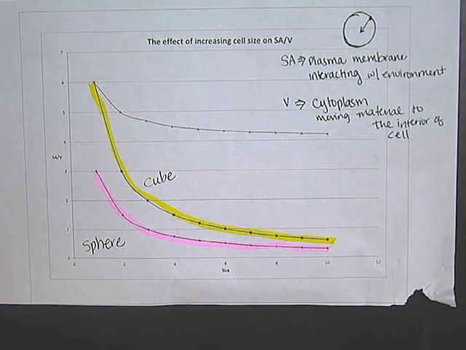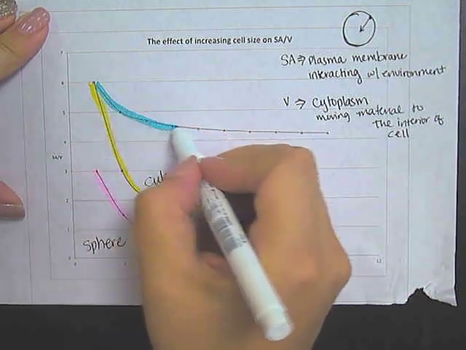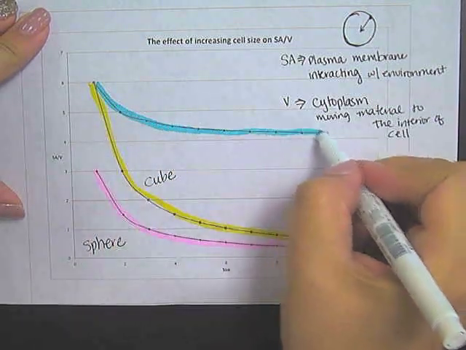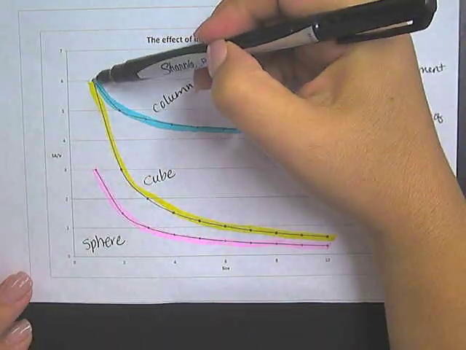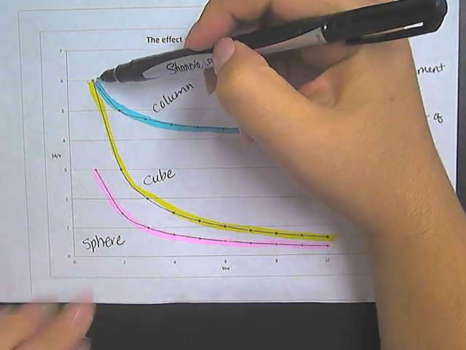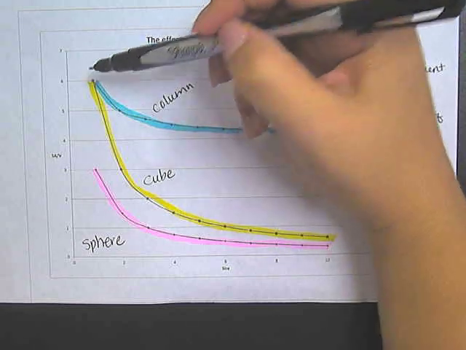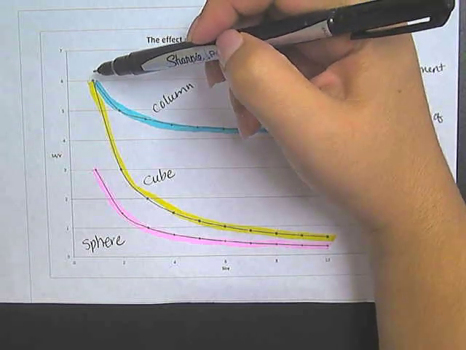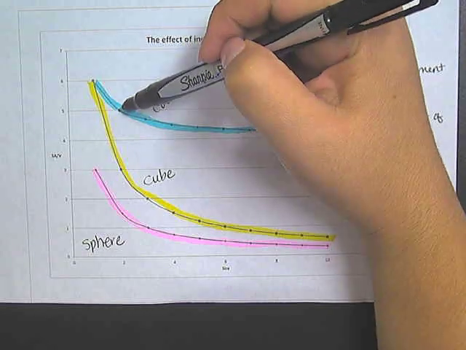The last cell that you guys looked at is a column-shaped cell, a rectangular prism. And that is this line right here. And what you'll notice is as we start off, our surface area to volume ratio for a column that is 1 by 1 by 1 starts at 6. And then when you increase the height of the column to 2, the surface area to volume ratio only drops to 5.